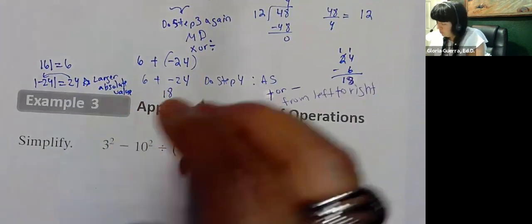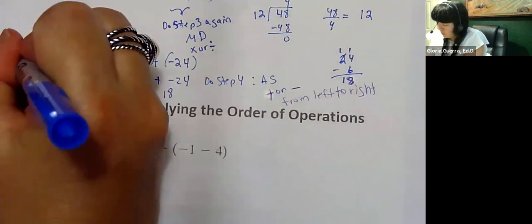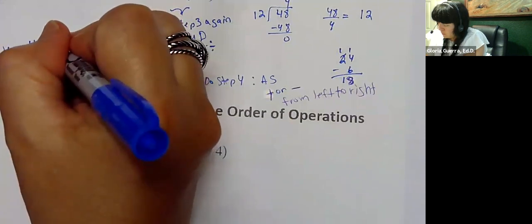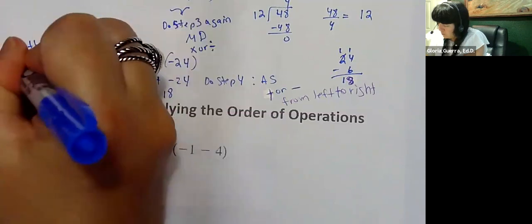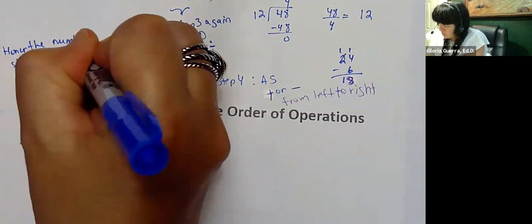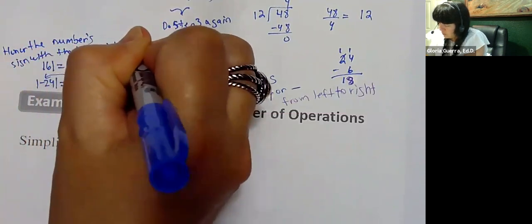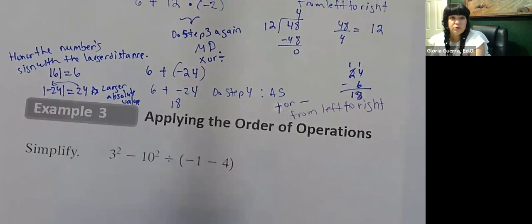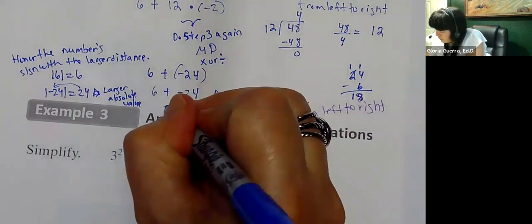So what you do is you honor the number sign with the larger distance. That's the way the rule goes. When you're adding two numbers with different signs, you honor the number sign with the larger distance. So the 24's got the bigger distance, so you go with the negative.